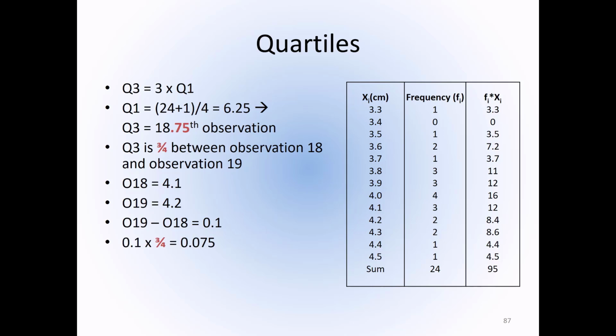We then take that and multiply it by the decimal or the fraction between which the quartile 3 lies between these observations. So in this particular case, 0.075. We'll take that value, 0.075, add it to the smallest value, 4.1, and we get our quartile 3 value.